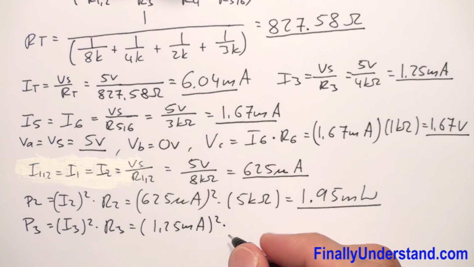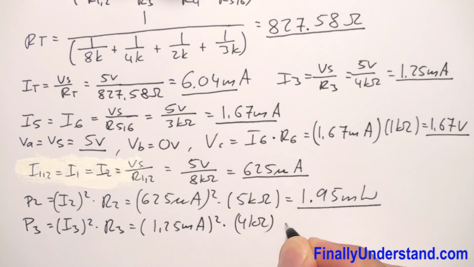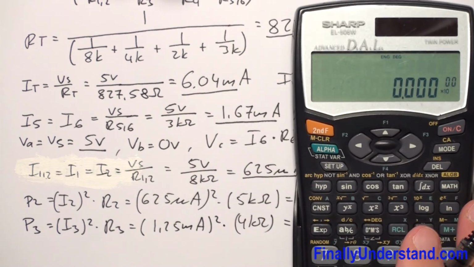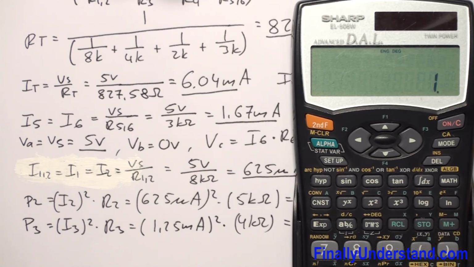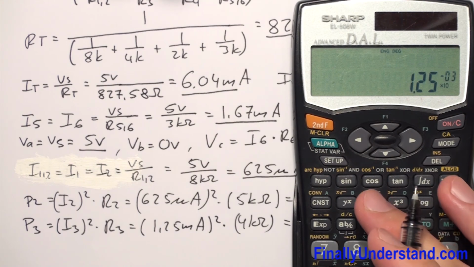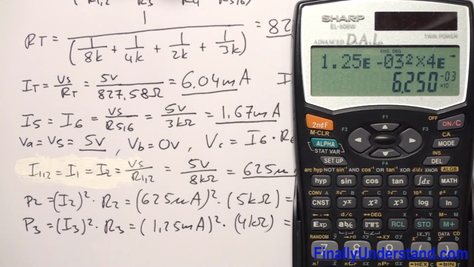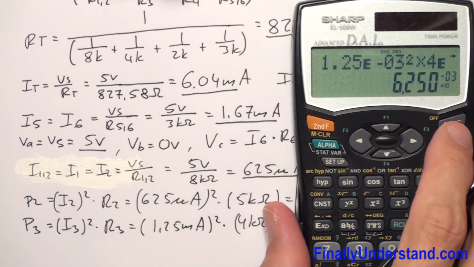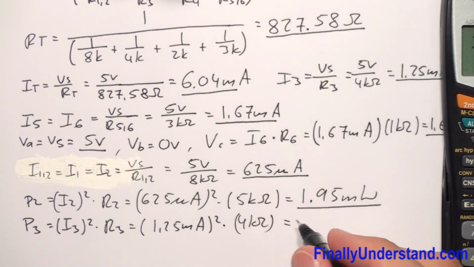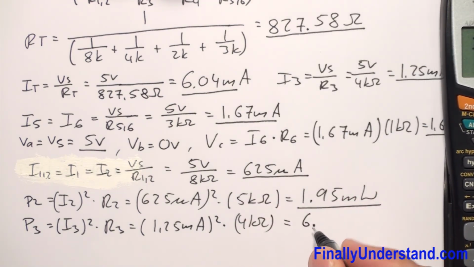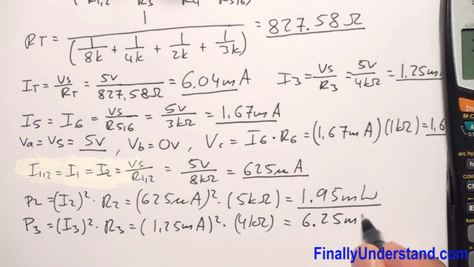R3 is equal to 4 kilo ohms. This is equal to 1.25 times 10 to the power of negative 3, to the second power, times 4 times 10 to the power of 3. This is equal to 6.25 milliwatts.